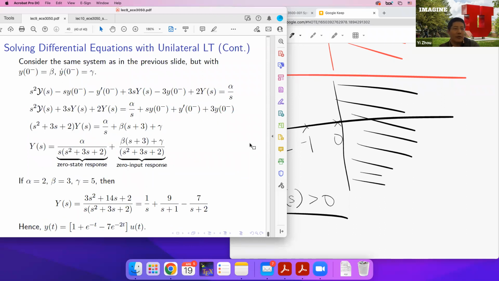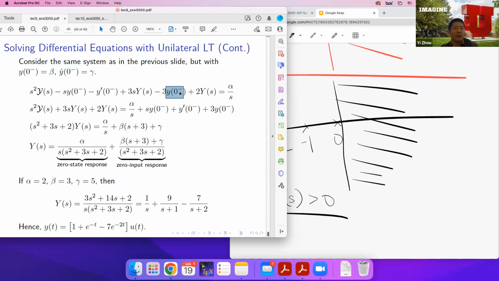And here's another example. The only difference is that we modify the initial condition a little bit, but now they are not 0. They may depend on beta and gamma. You follow exactly the same steps, but now these two are not 0.